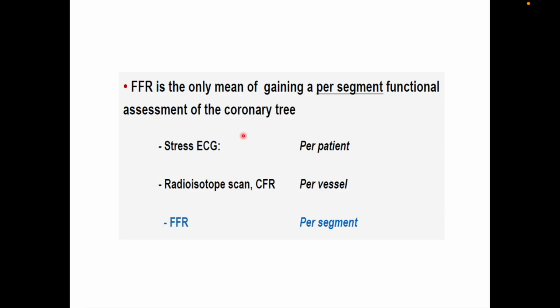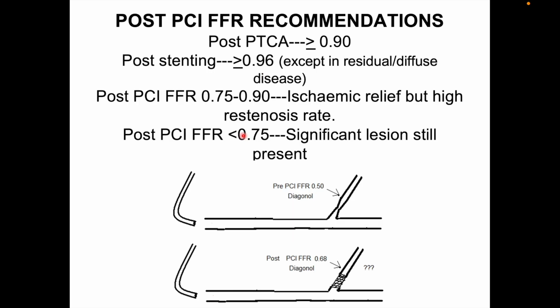So FFR is the only means of gaining a per segment functional assessment of the coronary tree. Stress ECG gives you per patient analysis, the thallium scan gives you per vessel analysis, but FFR can give you per segment analysis of the coronary. So post PCI recommendation, FFR must reach 0.90 or more after balloon angioplasty.